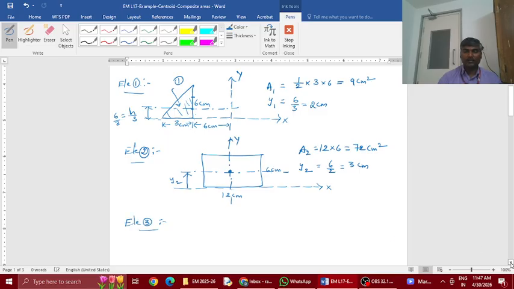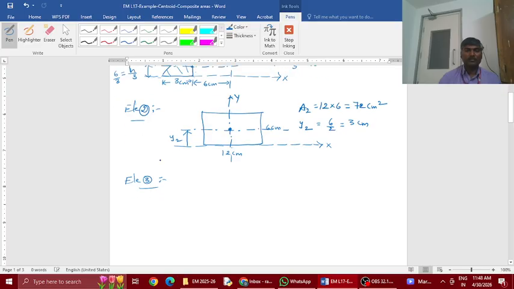Now element 3 is a triangle again. So try to draw the triangle, 3 centimeters and 6 centimeters. The y-axis is located to the left of the triangle. This is the y-axis, and this is the x-axis.